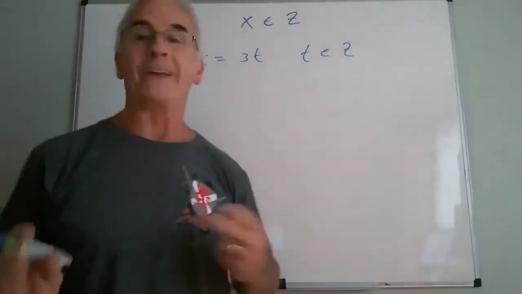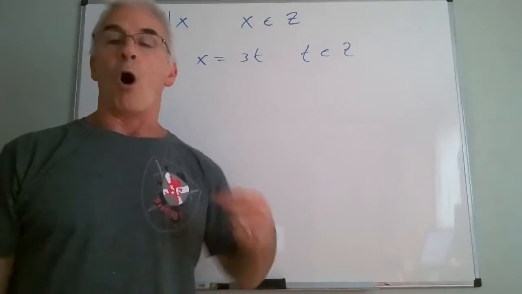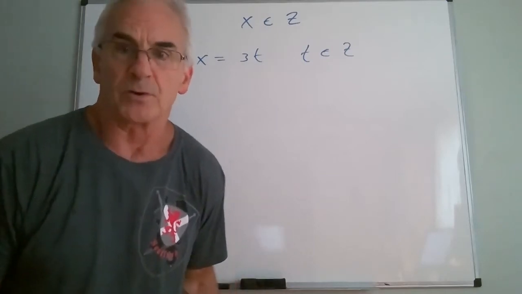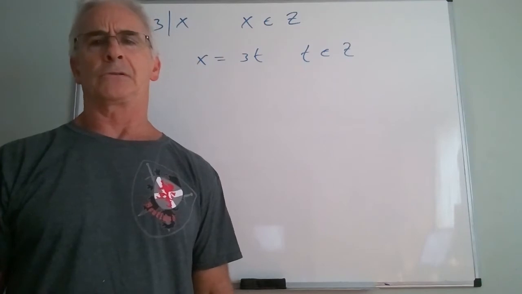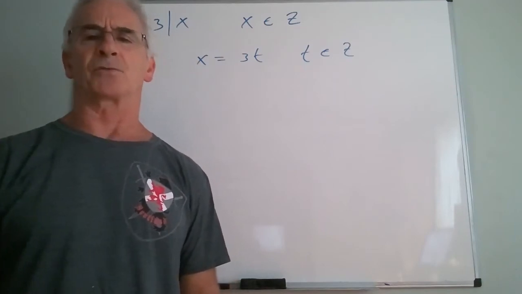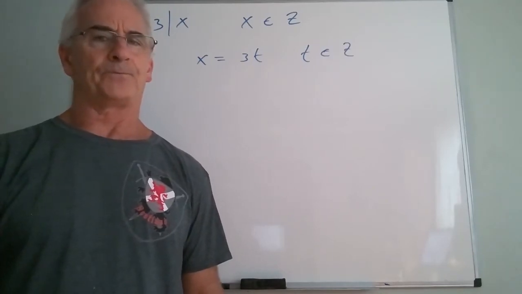Will all integers, and we're only talking integers, not real numbers, have a remainder of 0 when I divide them by 3? No. What are my possible remainders when I divide by 3? You have to think about this for a minute. Either 1 or 2.